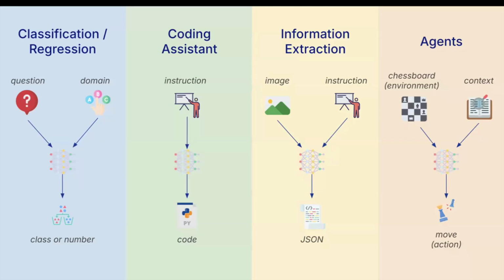Likewise for information extraction. Suppose you have, for example, an image from someone's webcam, or it could be anything like a painting, and you want to extract some information from that image. So maybe what objects are in it, some details about the environment.